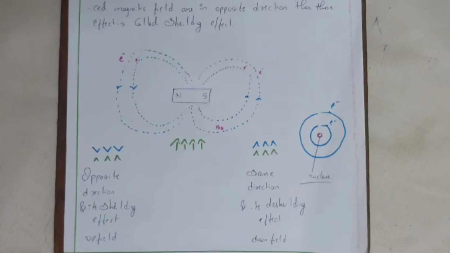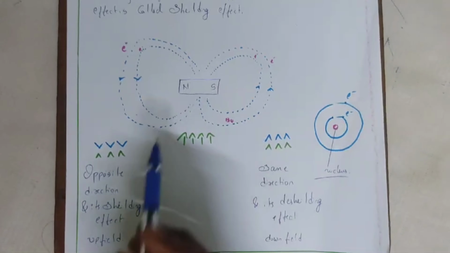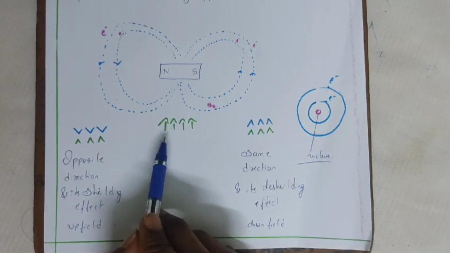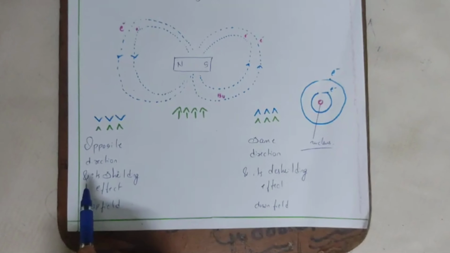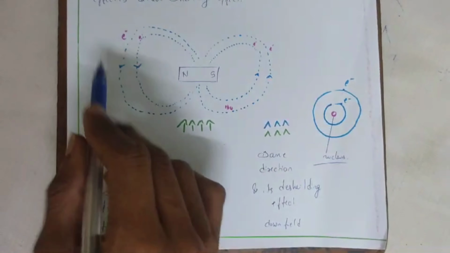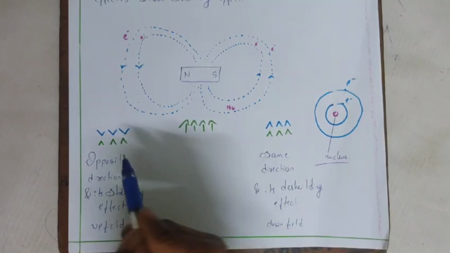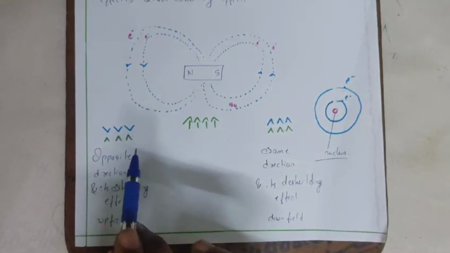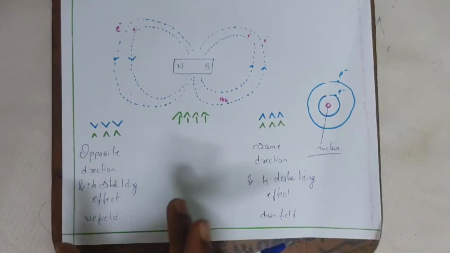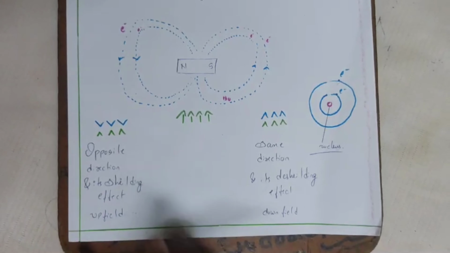Now what will happen when this induced magnetic field and this applied magnetic field are in opposite directions? See here, this is in this way and this is in this way. When they are opposite, this will produce a shielding effect, or we can also say this is upfield.